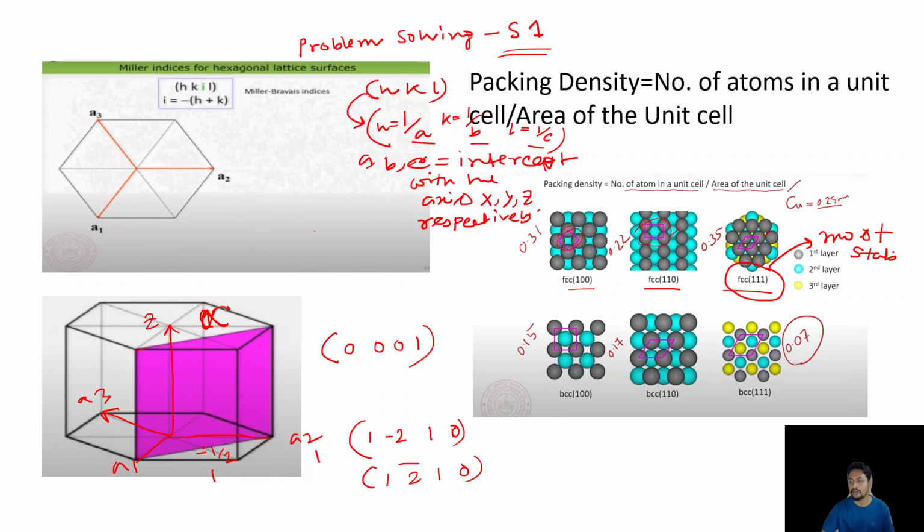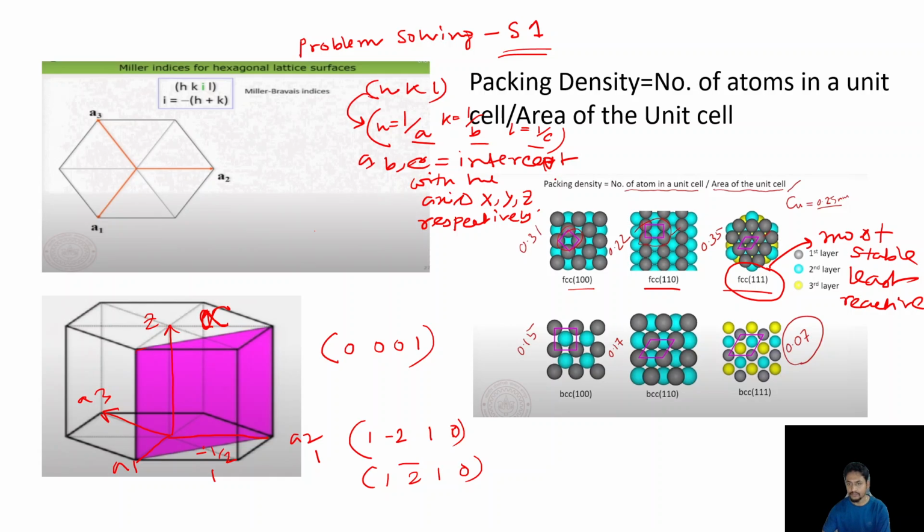Normally it is defined as most stable or least reactive, right? So whenever the packing density is high, the reactivity actually decreases. You can find out the packing density; that I also discussed in problem solving session 1, and in the first week lecture I think you can get it.